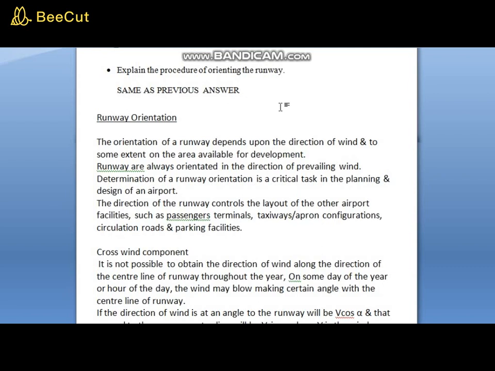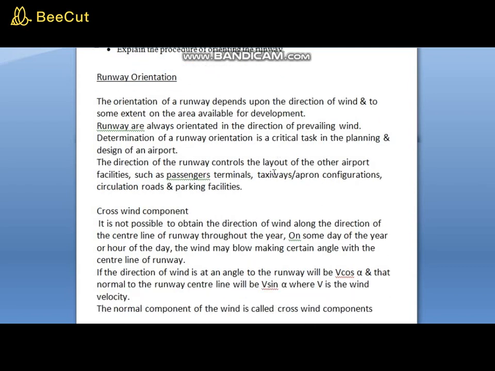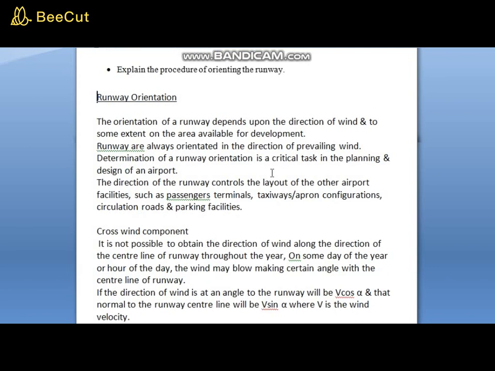Runways are always oriented in the direction of the prevailing wind.